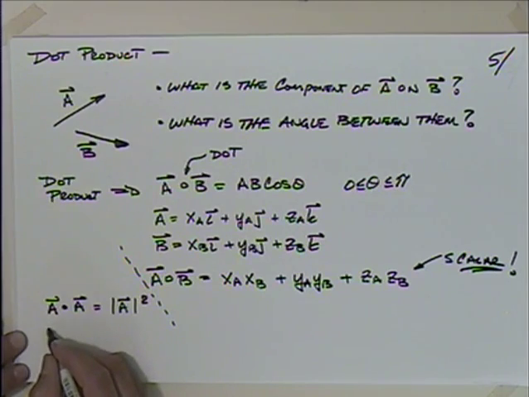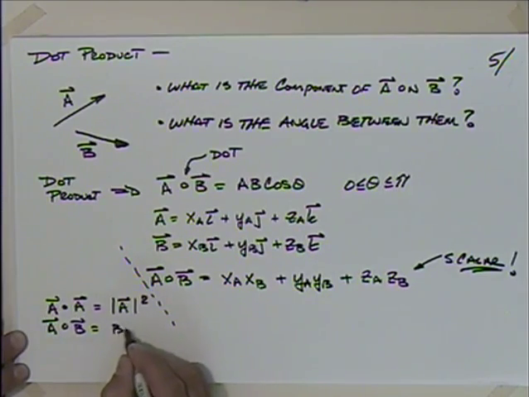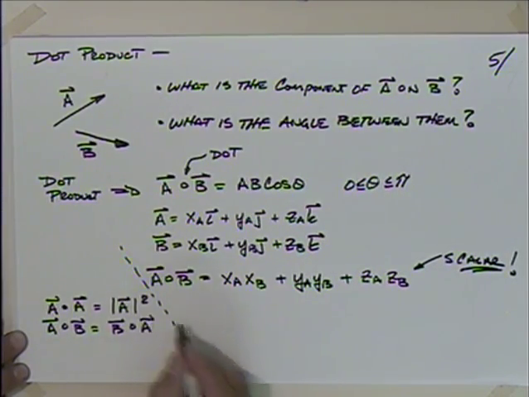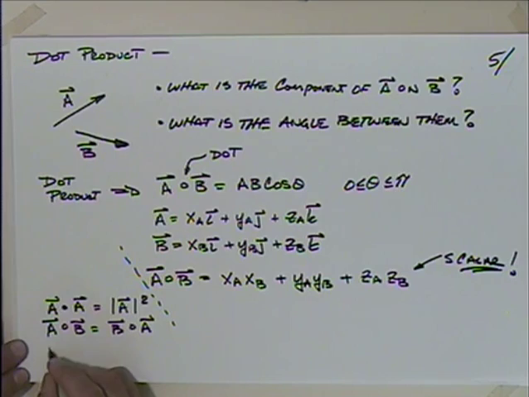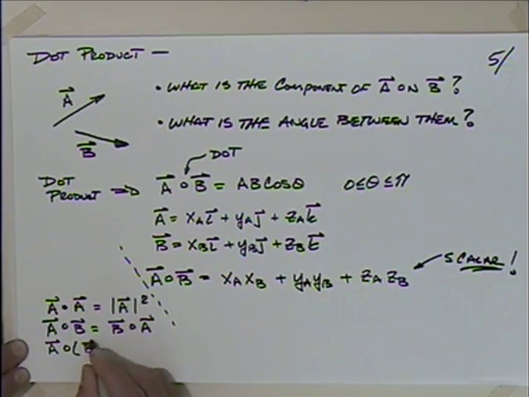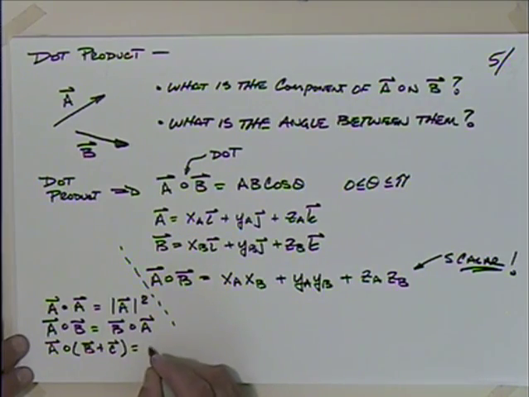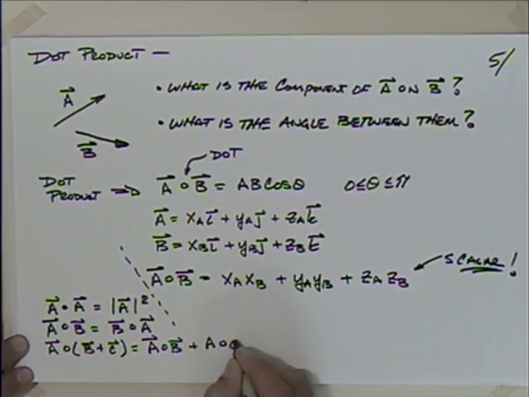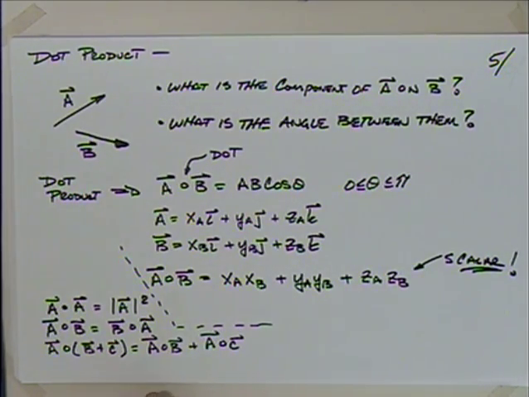Another rule is it's commutative: A dotted with B is the same as B dotted with A. Another one: A dotted with the quantity B plus C is equal to A dotted with B plus A dotted with C. So it is distributive. You can distribute that through.